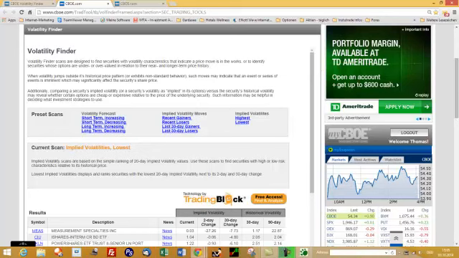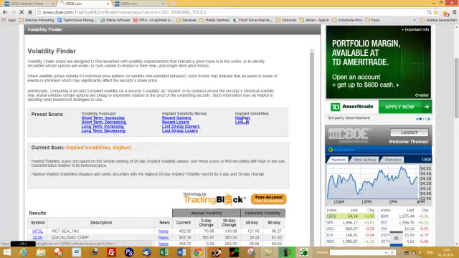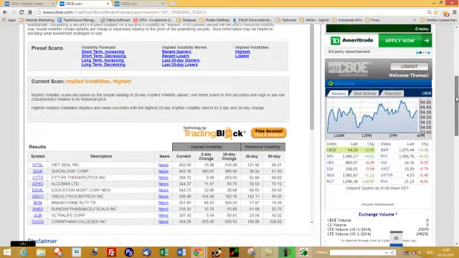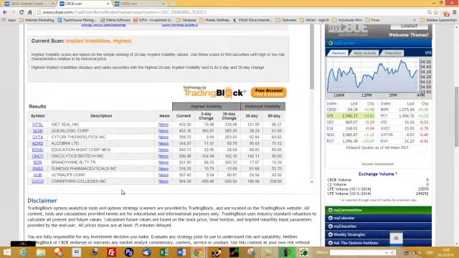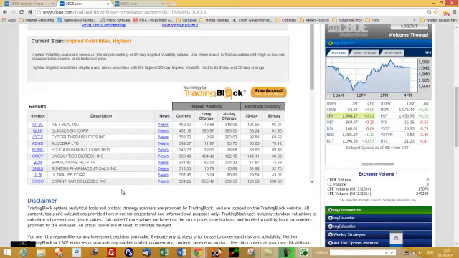Now we are here in the Volatility Finder tool, and we are screening the market for implied volatilities. As an option seller, we want to scan the market for the highest volatility. Click just here, and now let's have a look at this table. Actually, I already made a pre-screen to make this video as short as possible.